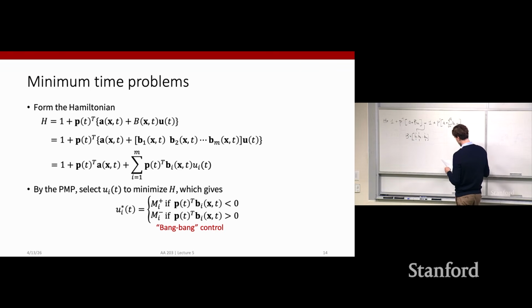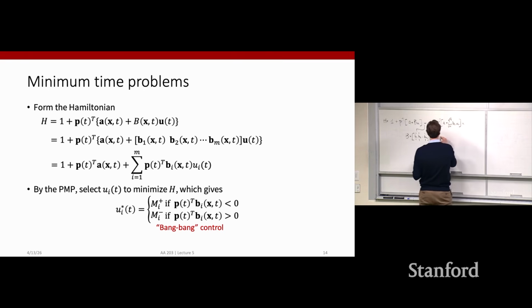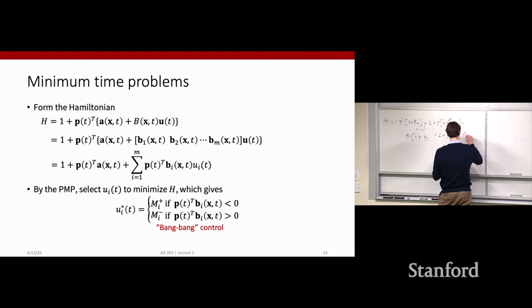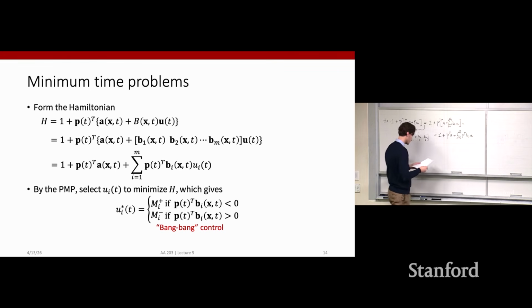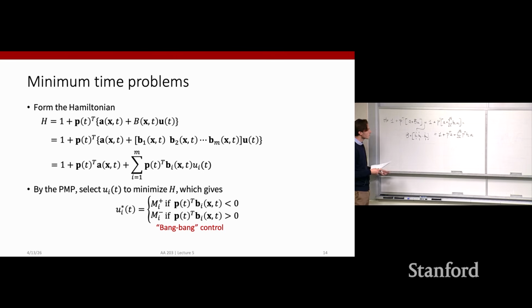And we can rewrite this as 1 plus P transpose A plus the summation from 1 to M of P transpose B_i u_i. Okay, so here we just wrote our Hamiltonian.